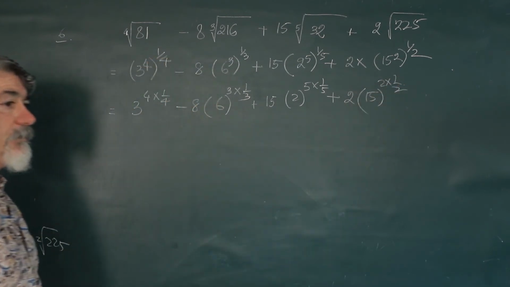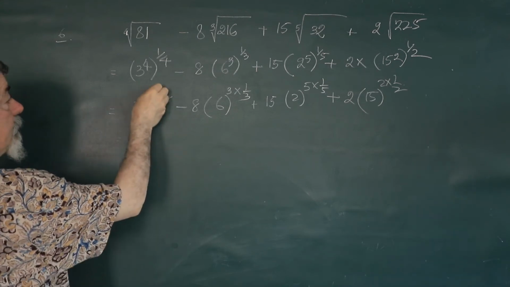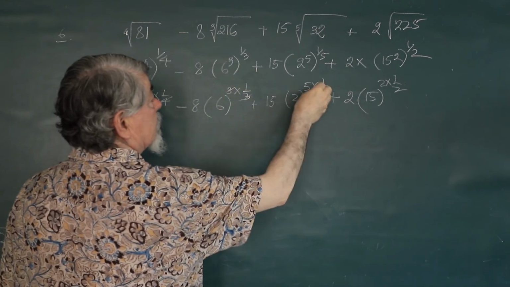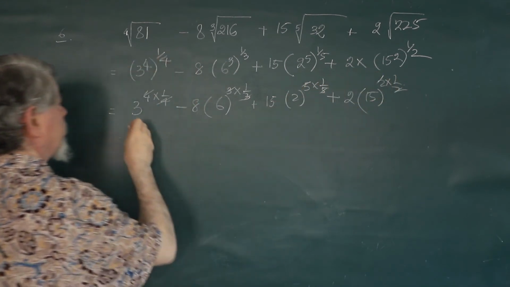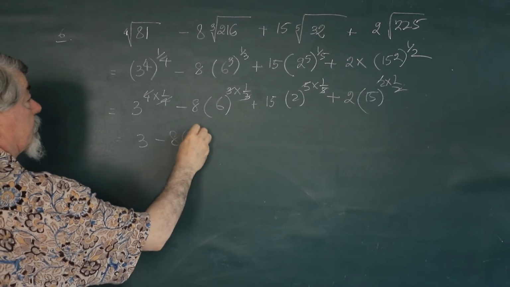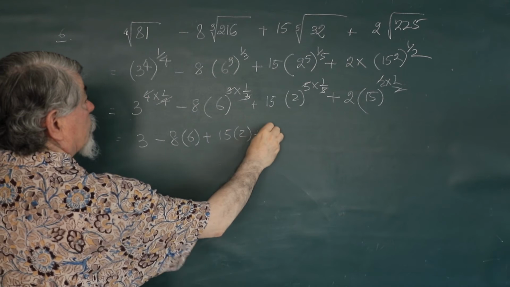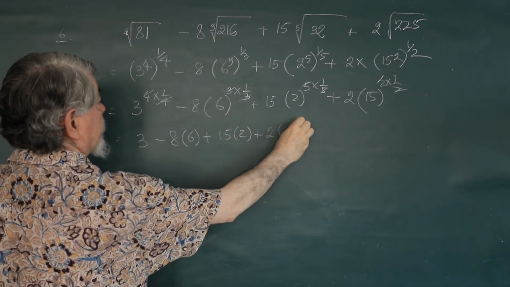So you would notice the power will cancel with the number, it will cancel here, here, here and here. So it is 3 minus 8 into 6 plus 15 into 2 plus 2 into 15.